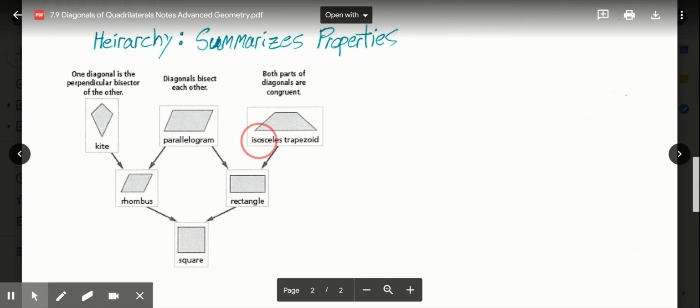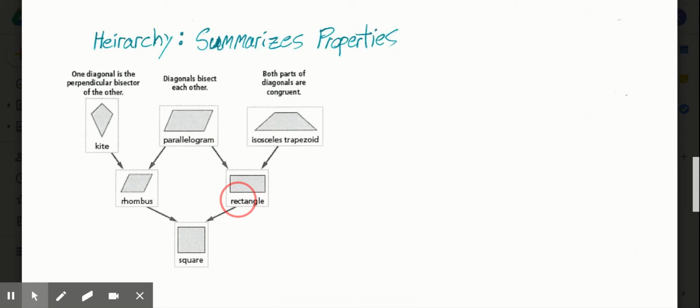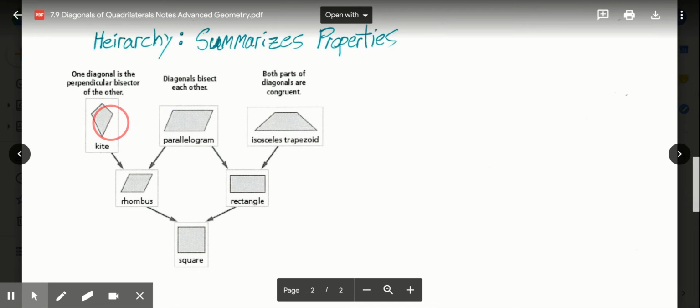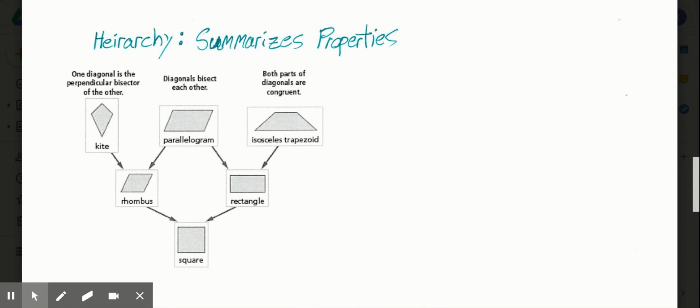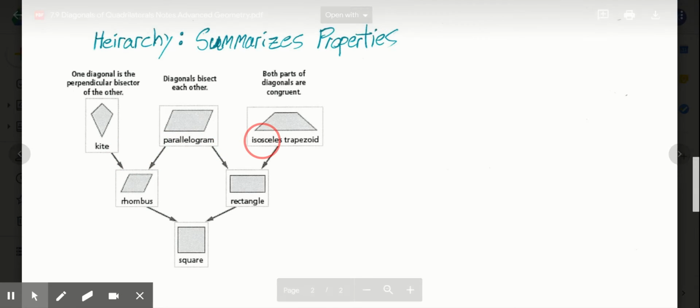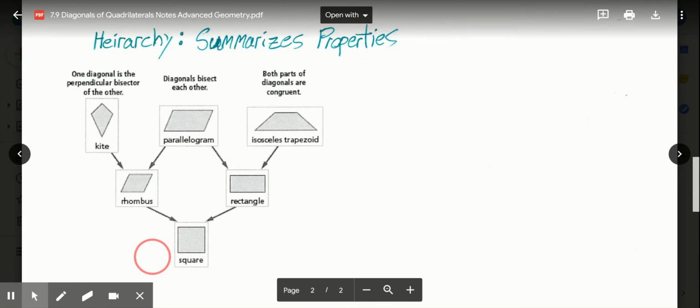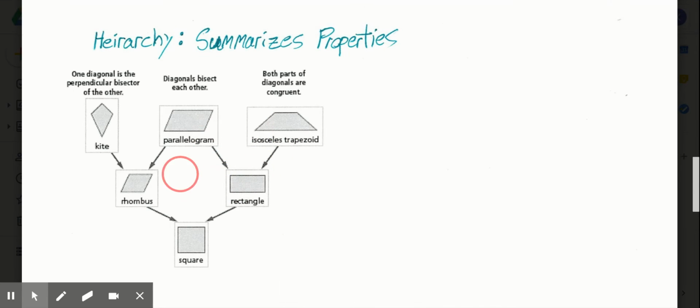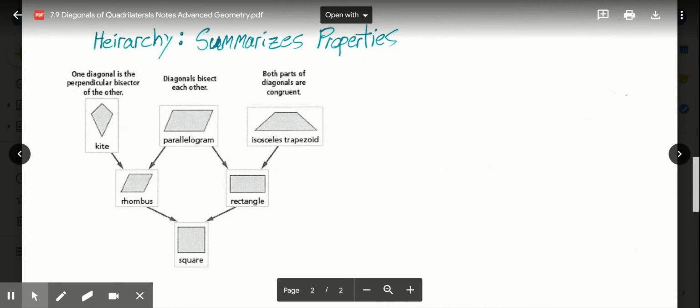Properties of a parallelogram and trapezoid apply to a rectangle, but a rectangle is not attached to a kite, so the kite properties do not directly apply to a rectangle. And then the square would have the properties of a rectangle, a rhombus, a kite, a parallelogram, and an isosceles trapezoid, because that factors back to all of those through its connections.